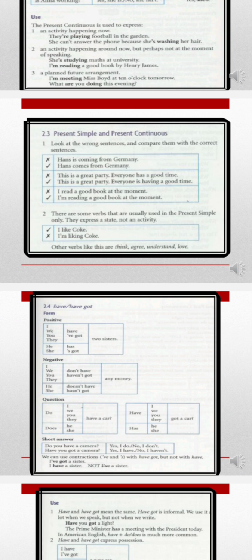This is a correct sentence. But "I'm liking cooking" is a wrong sentence. Other verbs like this are think, agree, understand, and love.